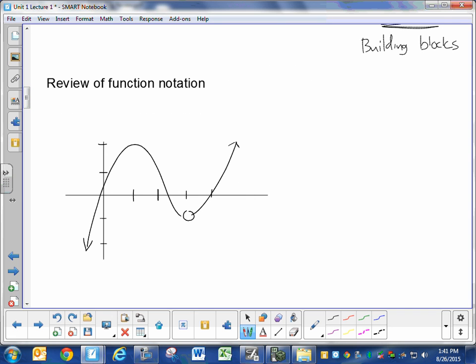So here's a function. We're going to be using this example a lot, so go ahead and sketch it down on a coordinate plane.